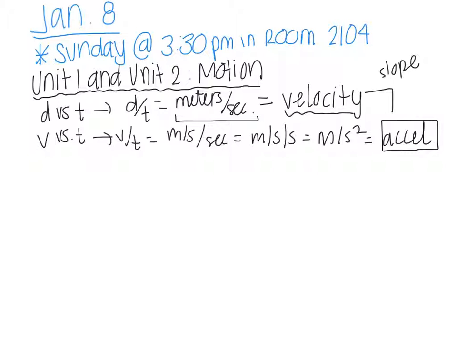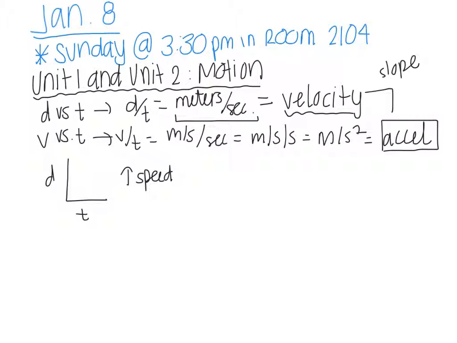So I'm going to take a look at the first D versus T and V versus T graph. A D versus T graph. Let's say the situation that I'm doing a D versus T is to increase speed. If I'm increasing my speed, I am increasing my velocity, right? That's what my slope is going to be.